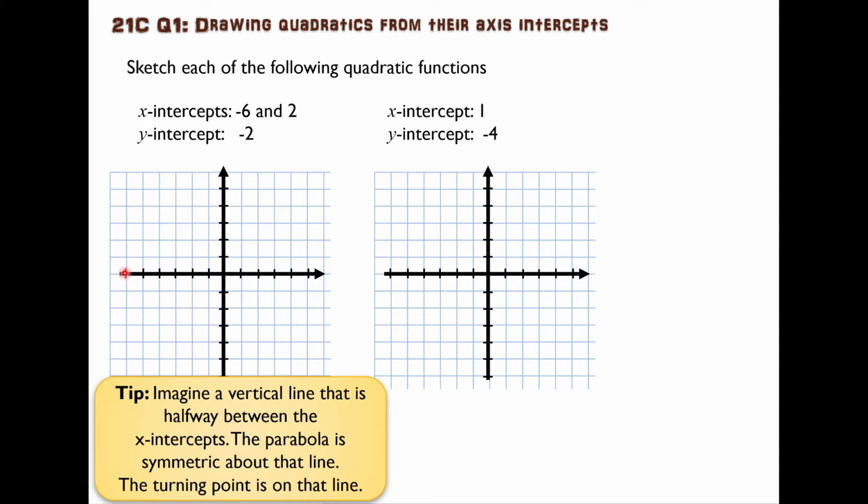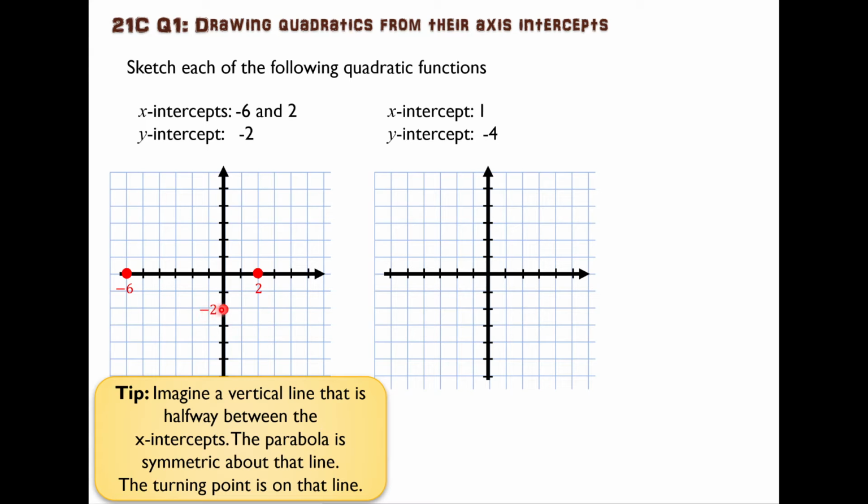X equals -6 is one of the x-intercepts, and the other one is at +2. The y-intercept is at -2, so I go down 1, 2, and there's the y-intercept. Notice that the y-intercept is on the vertical axis, the y-axis.